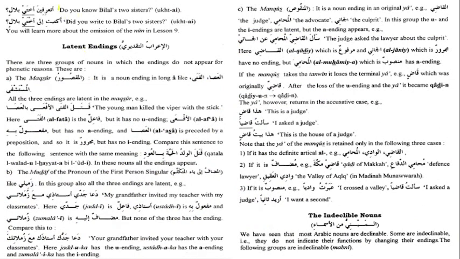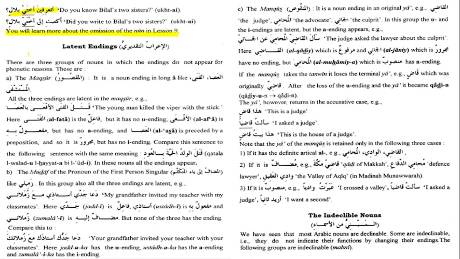Ata'rifina ukhtay Bilalin. And this says you learn more about the omission of the noon in lesson 9. The summary, because look at this: ata'rifina, this is talking to a lady, ukhtay Bilalin. So we say ukhtay instead of ukhtayni.